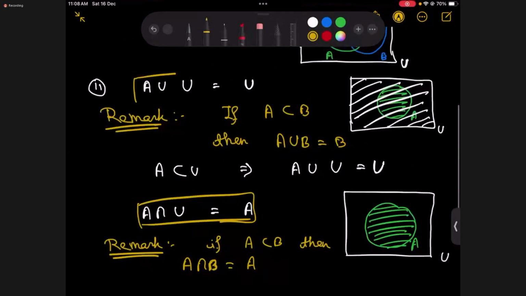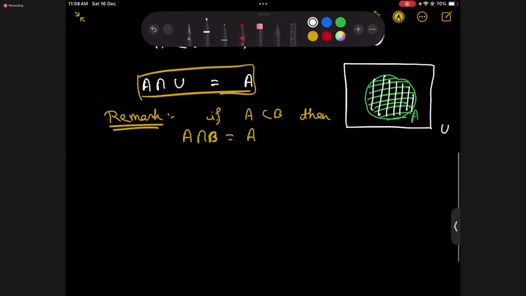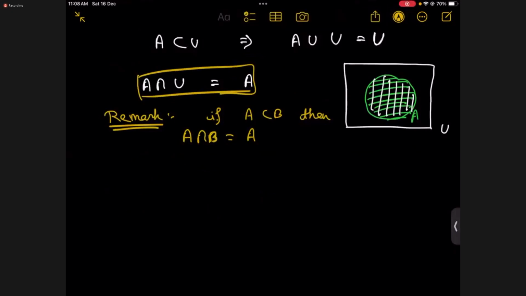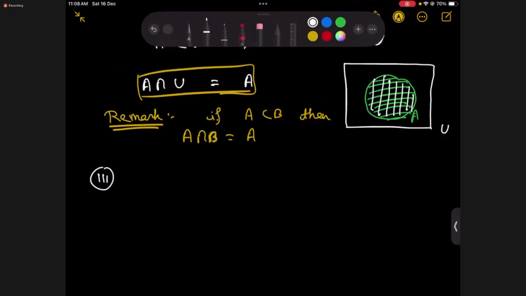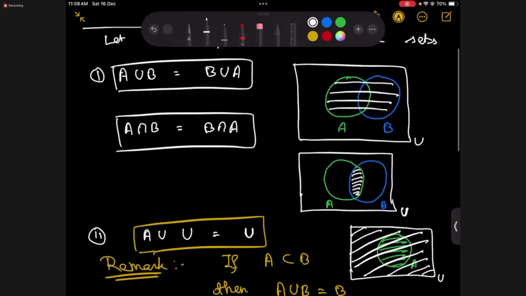The intersection is this part. So we have two properties for union, and one property for intersection.